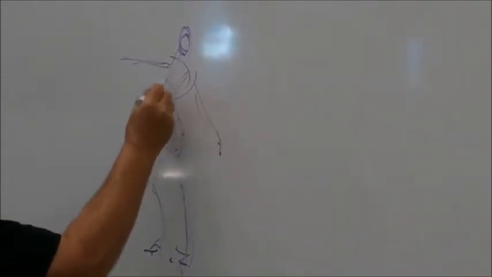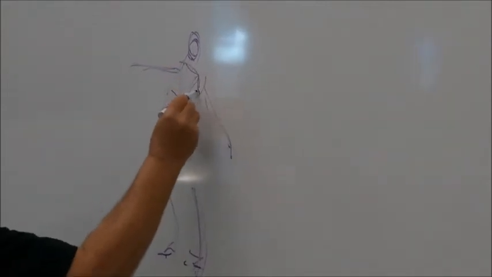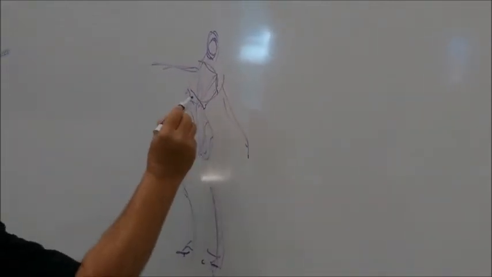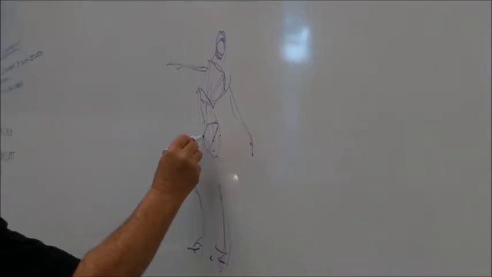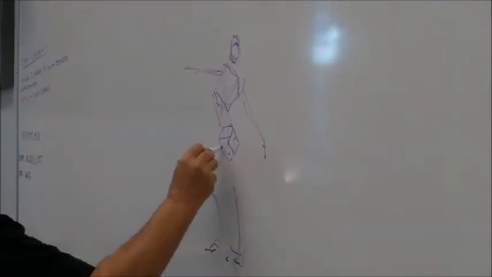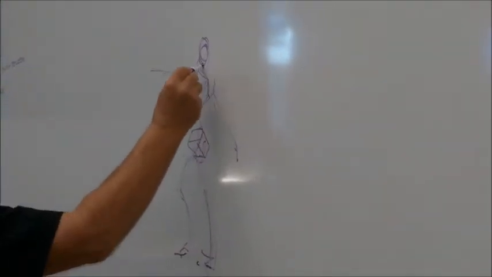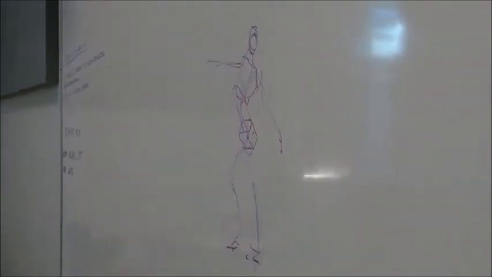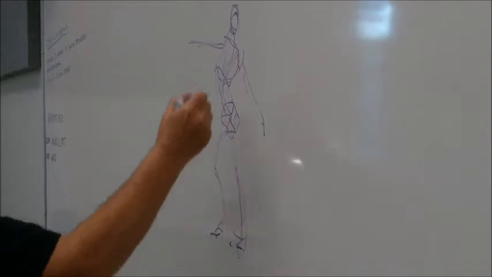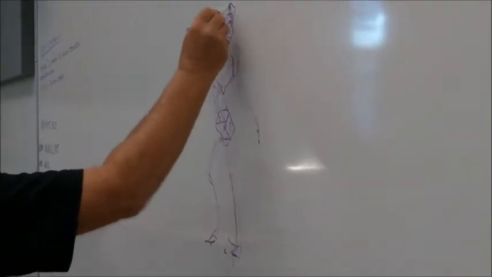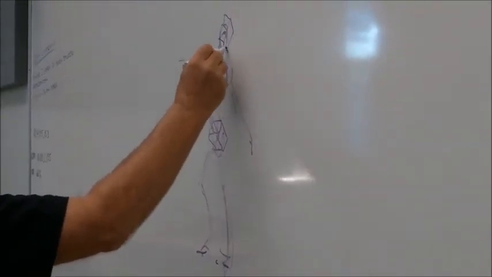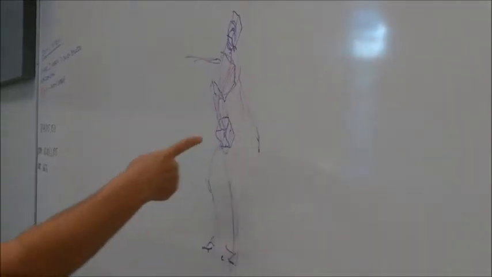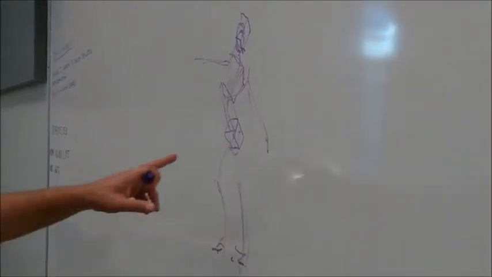For example, the box of the chest going like that, and the box of the hip going like that, right? And the movement of the spine going like that. These three boxes, head, chest, and hip, are very important.